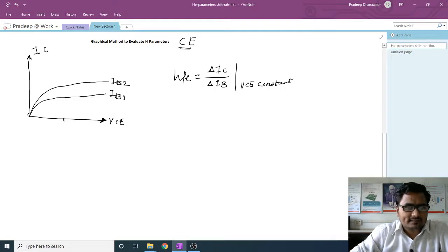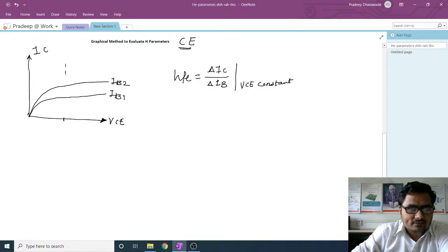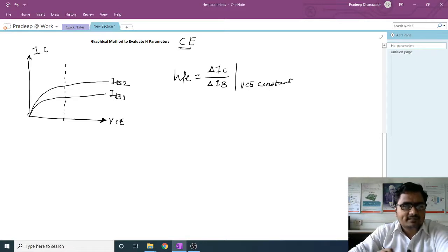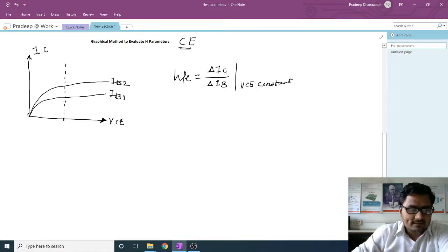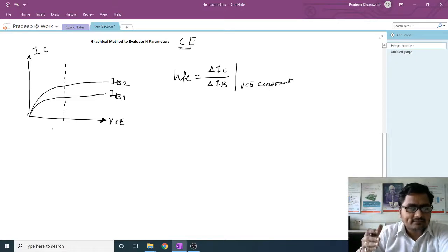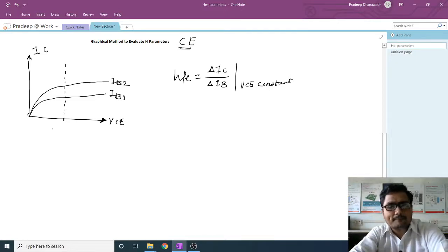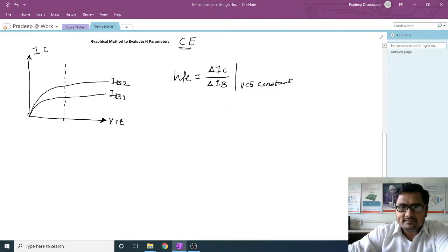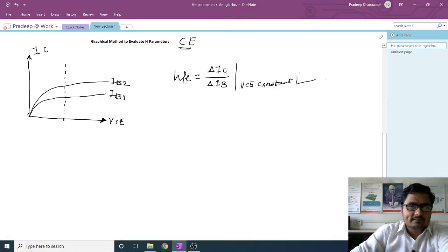So I have selected this point, and then let me draw a line from that point. I am drawing a straight line from this point. It means that VCE is constant. So first thing we are done with: VCE is now constant.